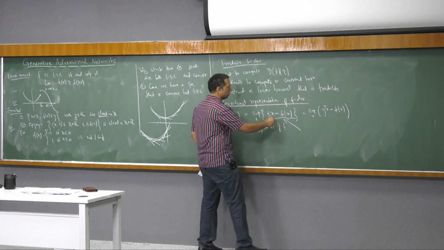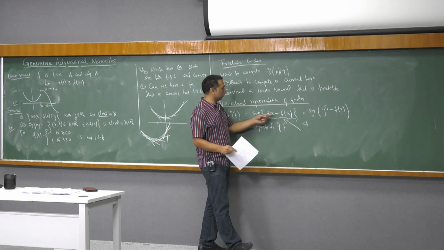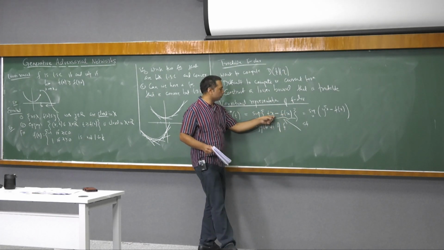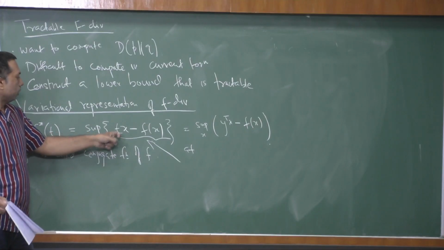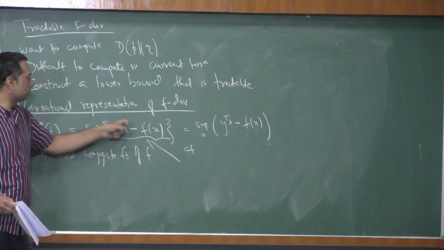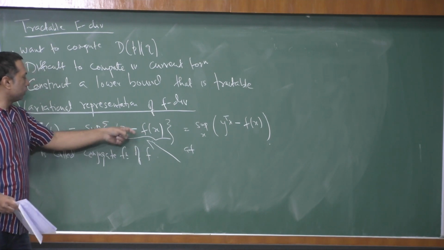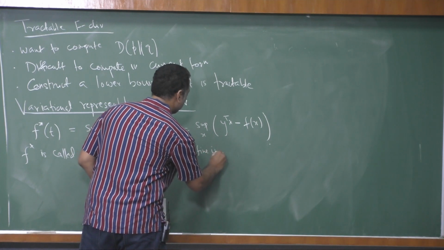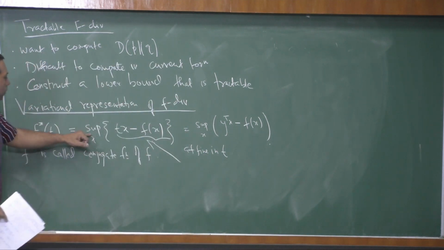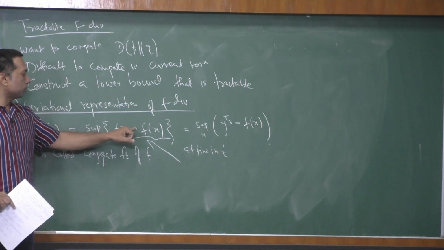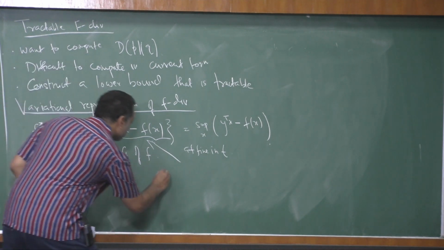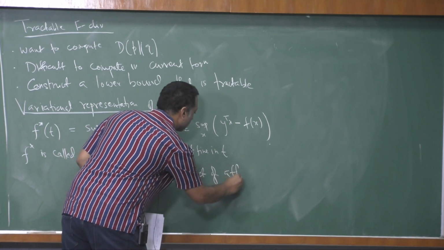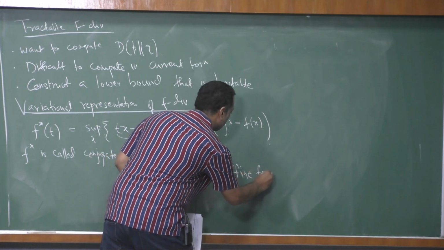This is an affine function in t, because it is of the form just t, and you can think of f(x) as a constant. So as a function of t, this is an affine function, and I'm taking a supremum of a set of affine functions.